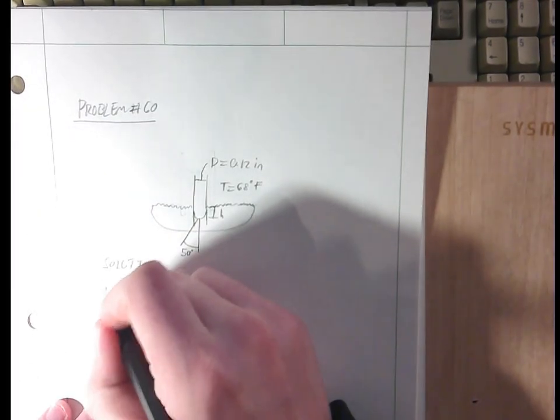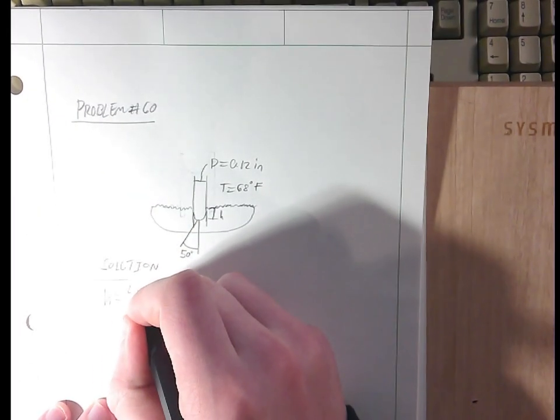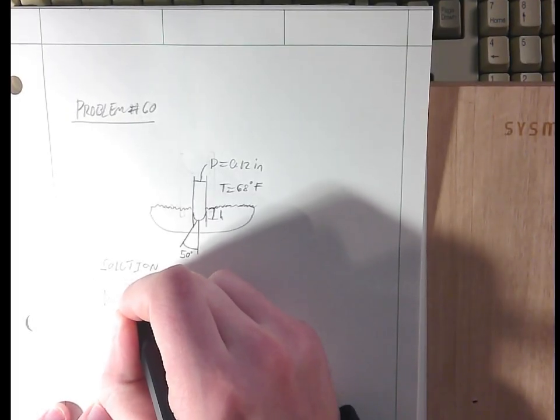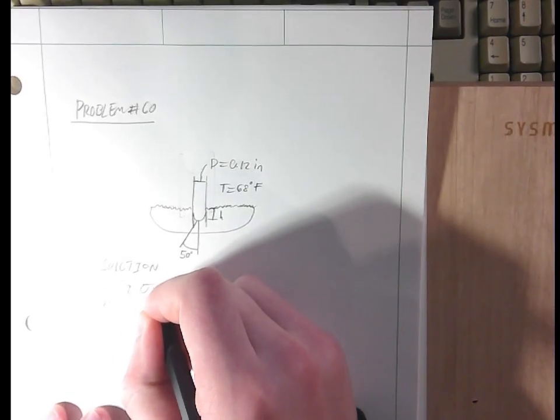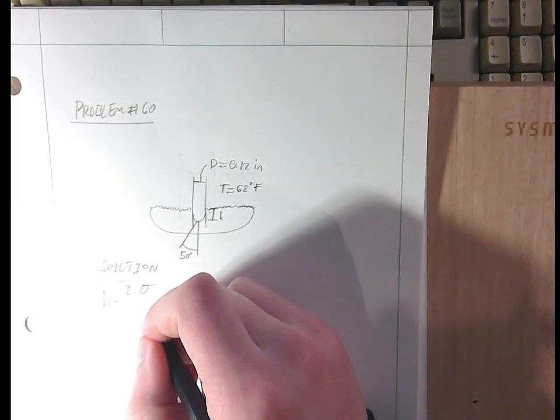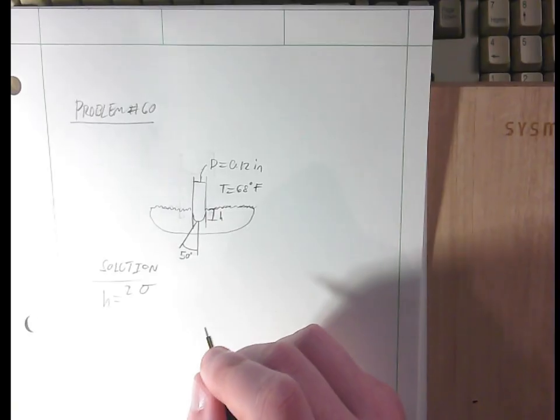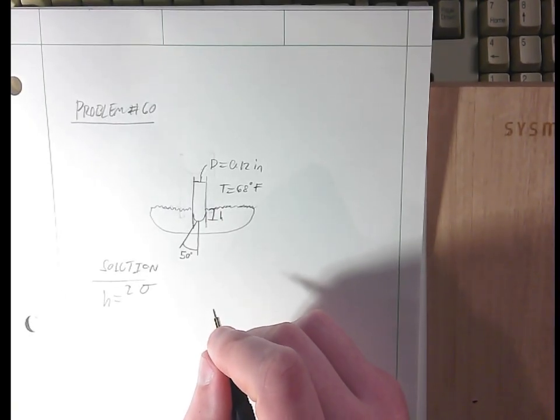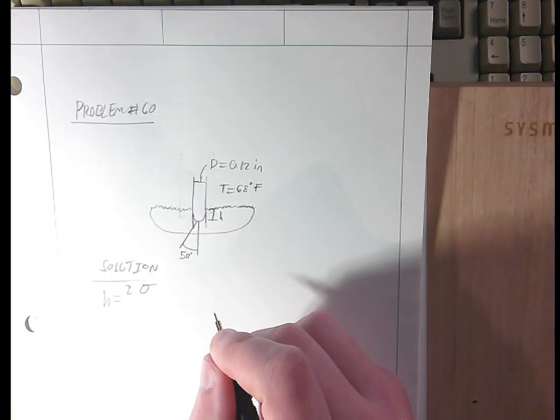So the solution here is H equals 2 times this stress, which we aren't given outright. This is surface tension and capillarity. Usually we're given this, what do they even call it?